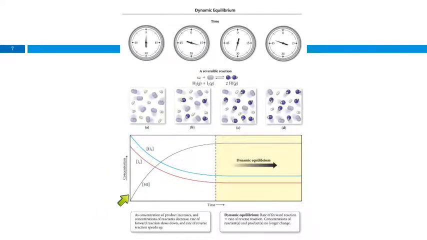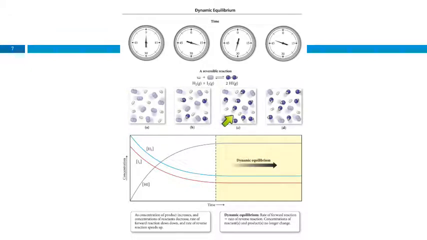And so if we look at this graph, we see that the concentration of hydrogen is this value, the concentration of iodine is this value, and there is no product, HI. Okay? As time goes on, some of the reactants react, and we start to get some HI forming. So the HI concentration is going up, and the H2 and I2 concentrations are going down as that forward reaction proceeds. You with me?